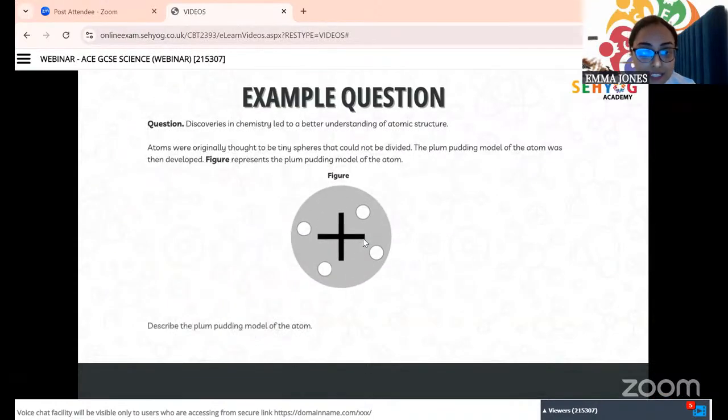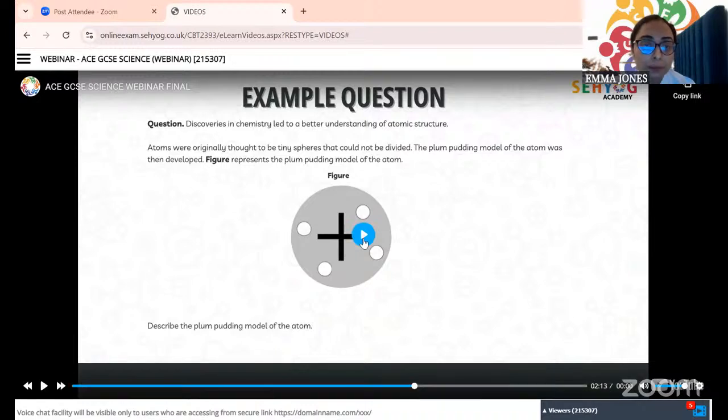Okay, so this is a sample question from a previous year paper of AQA. Here we can see the question. At first, we have a description: discovery in chemistry led to a better understanding of atomic structure.